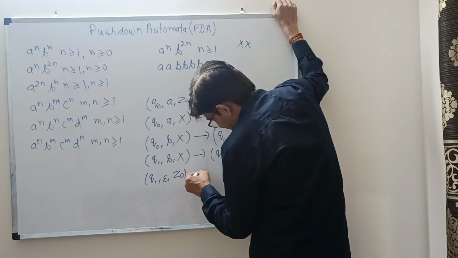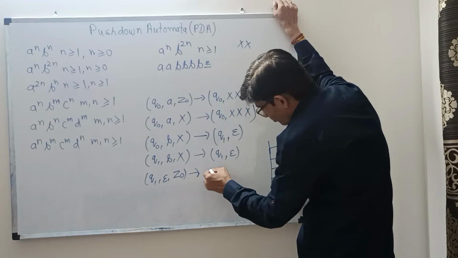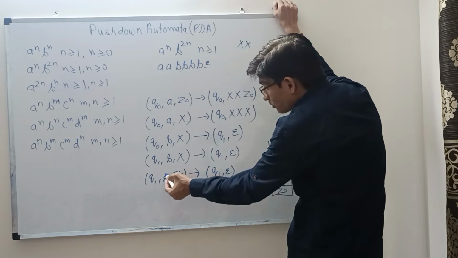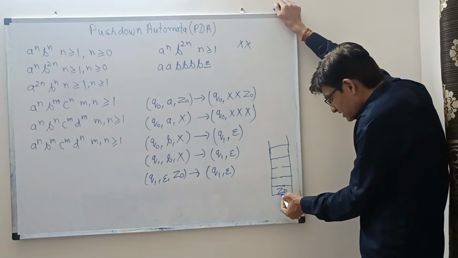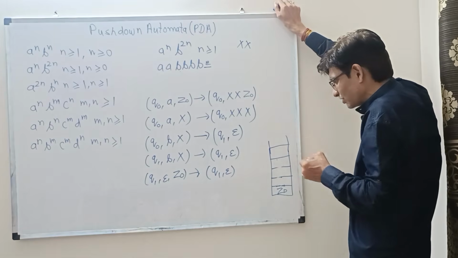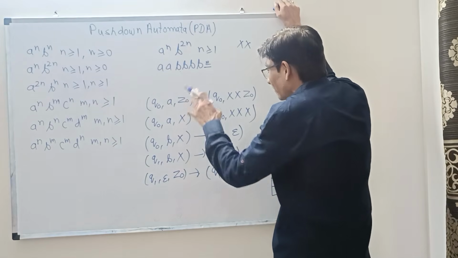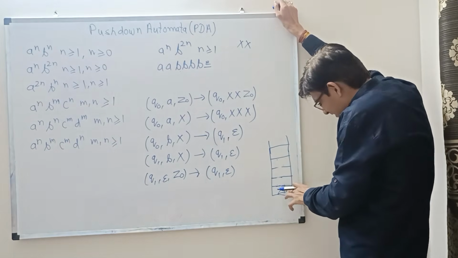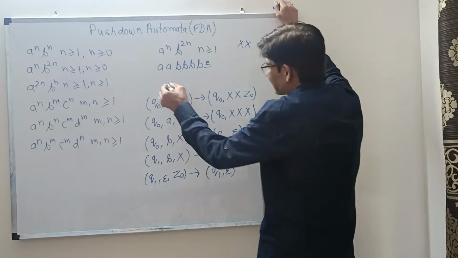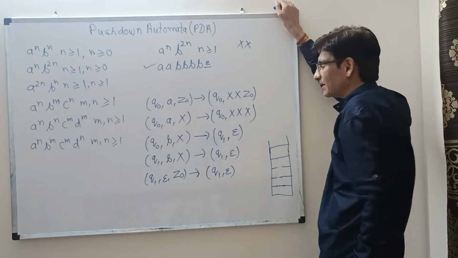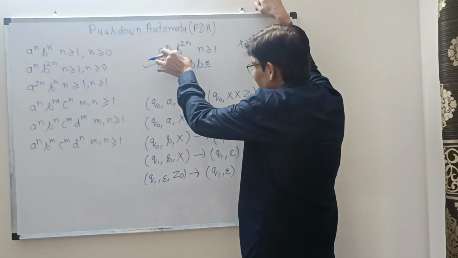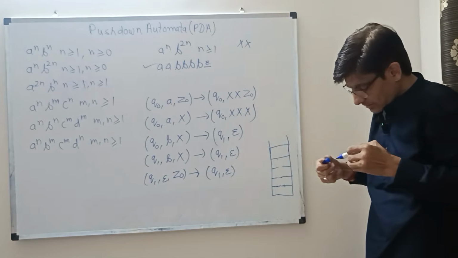Now you can pop this Z0 also, reading epsilon, and your stack is empty now, as you have popped Z0 also. So after reading the complete string, your stack is completely empty. That means the string is accepted by the PDA. So this is how you can create a PDA for this language.